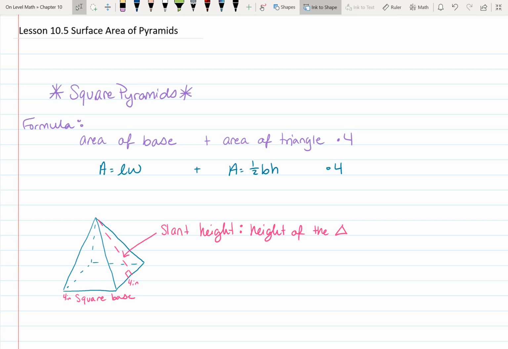Just like you can have different types of prisms, like rectangular prisms, triangular prisms, octagonal prisms, you can also have different types of pyramids. However, we are only working with square pyramids today, so keep that in mind. Our notes are pretty short today.